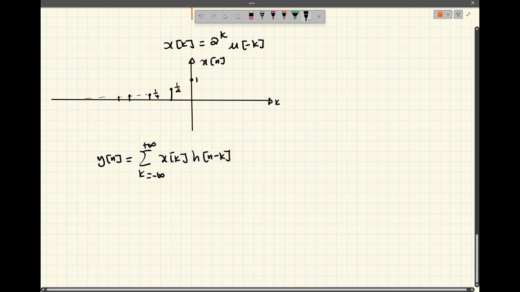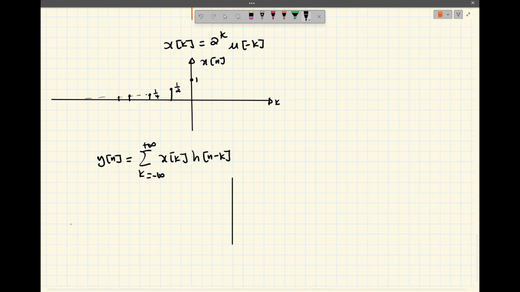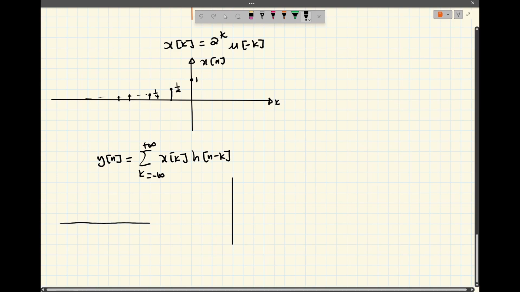For graphical convolution, I am going to sketch the x that we're not moving, so that is x of k.